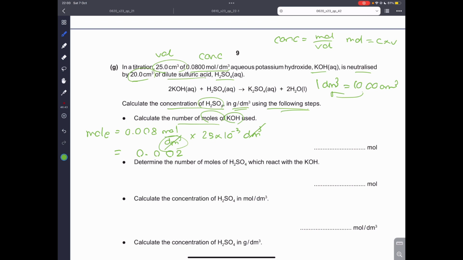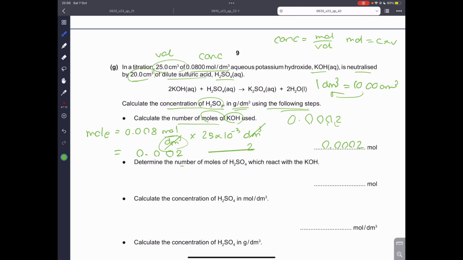So let me solve it right here. 0.008 multiply 25 times 10 to the power minus 3. This gives us an answer of 0.04. It's going to give us an answer of 0.0002. Yep, so 0.0002 moles is going to be formed.